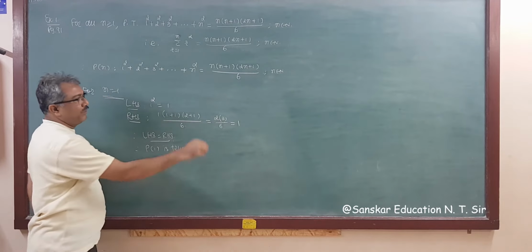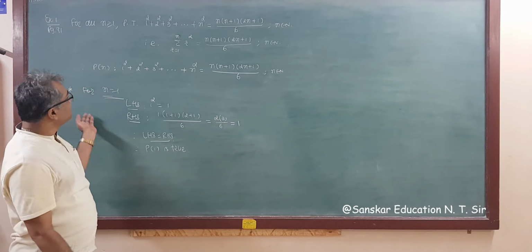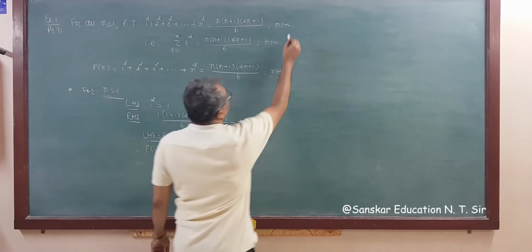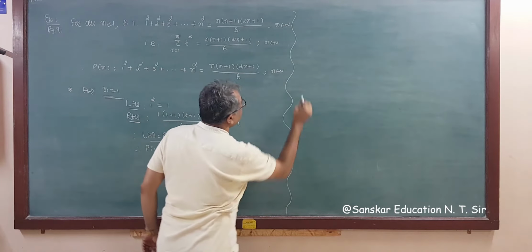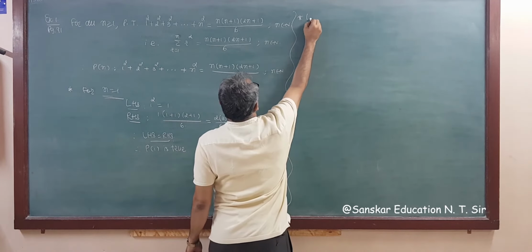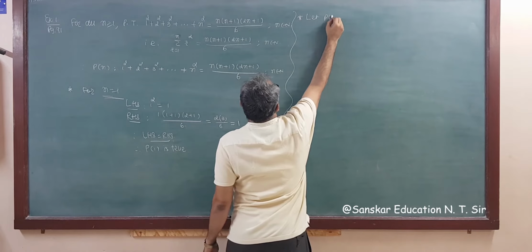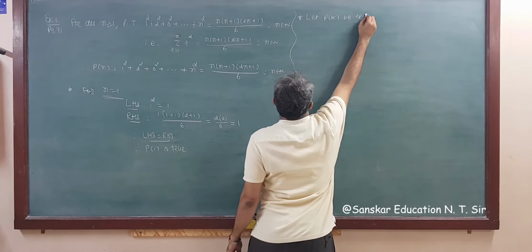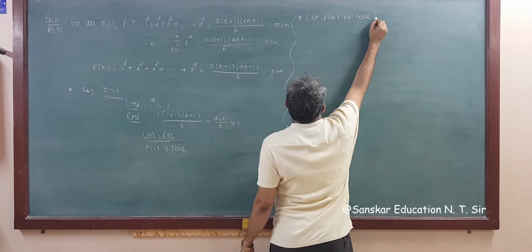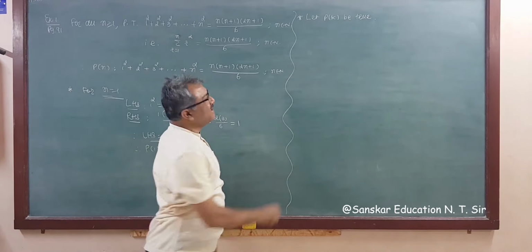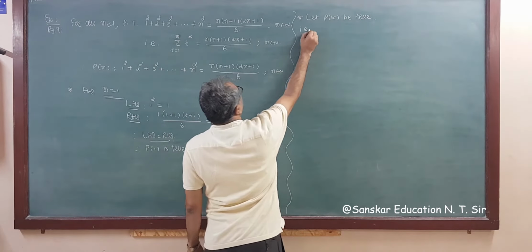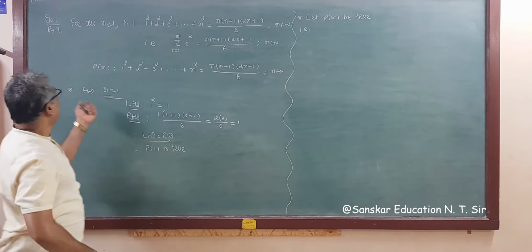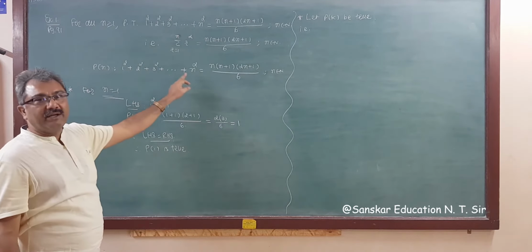P1 is true. Now we assume that suppose Pk is true. You know what to do? Remove all n by substituting k.